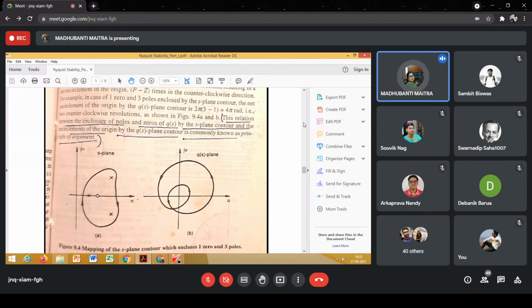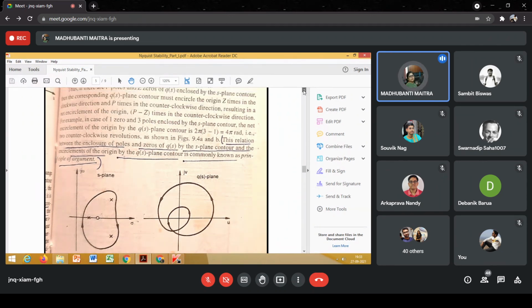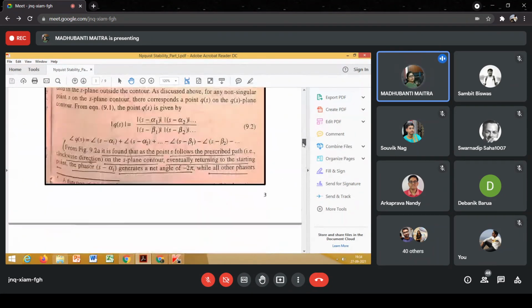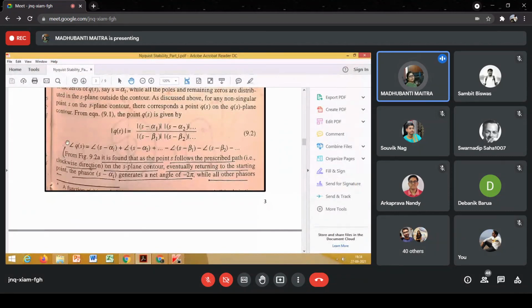So the net encirclement of the origin, you see for these three enclosed poles, the net changing angle will be 3 into plus 2 pi, right? And for this single enclosed zero, the net changing angle of this phasor will be minus 2 pi. So again, if we go back to this expression of Q(S), now this delta angle Q(S) will be minus 2 pi plus 6 pi, which is equal to 4 pi.